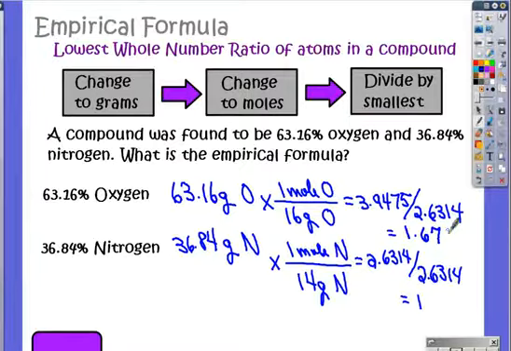I suggest that we use either a 2, a 3, or a 4. Now, how do you know which one to use? Well, you inspect the fraction, and whatever is in the denominator of the fraction, that's the number that would be best to use. So in this case, it's 1.67, or 1 2/3, so I should multiply each of these by 3.